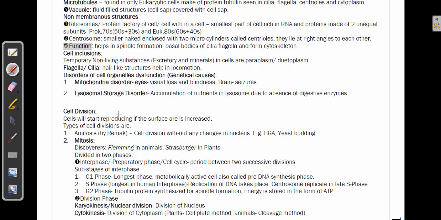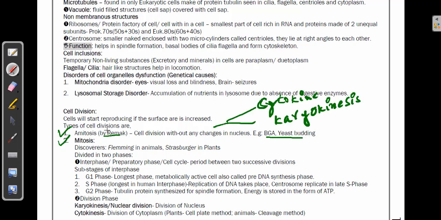Cell division is nothing but reproduction of its surface, and there are three different types of cell division. The first one is called amitosis, given by Remak. Here the cell division takes place without a specific change in the nucleus, so it's a kind of fission. Examples are blue-green algae and yeast budding, which is replicating division, producing exact copies.